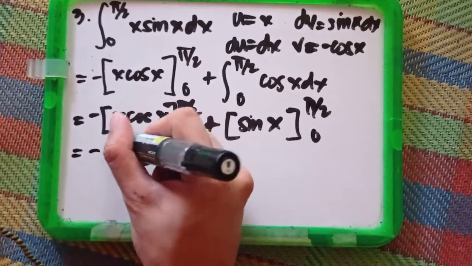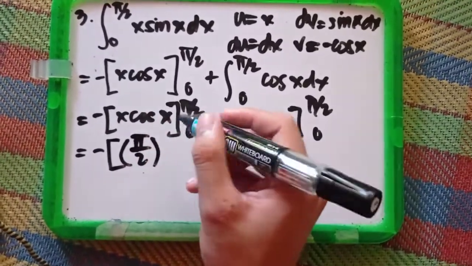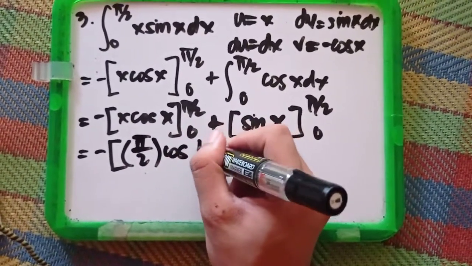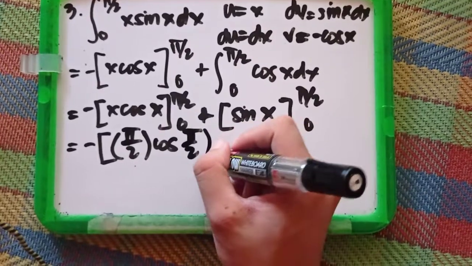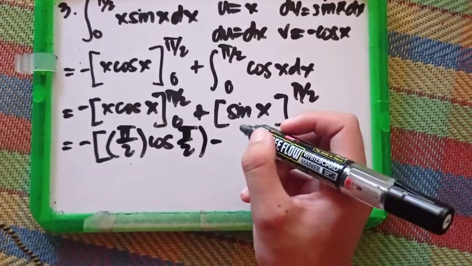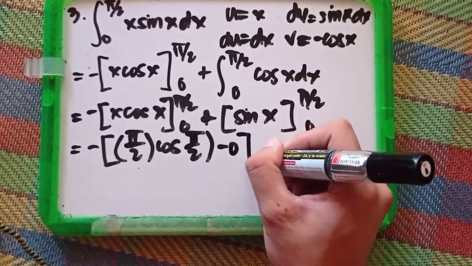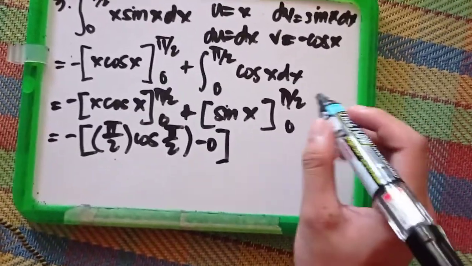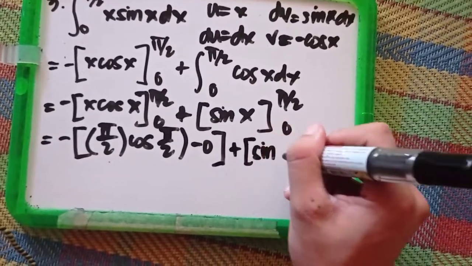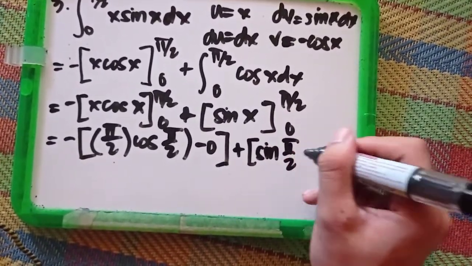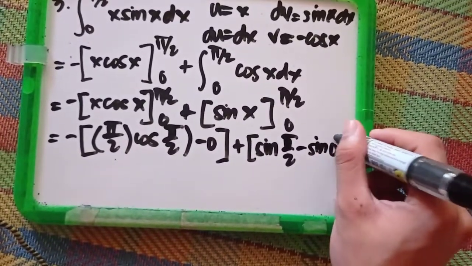So negative x cosine pi over 2 minus 0, plus, here in the sine, sine pi over 2 minus sine 0.